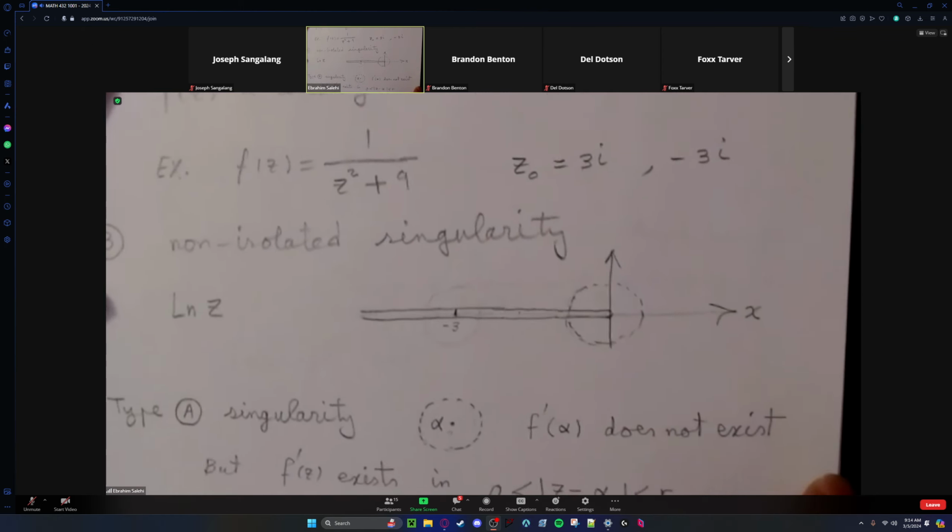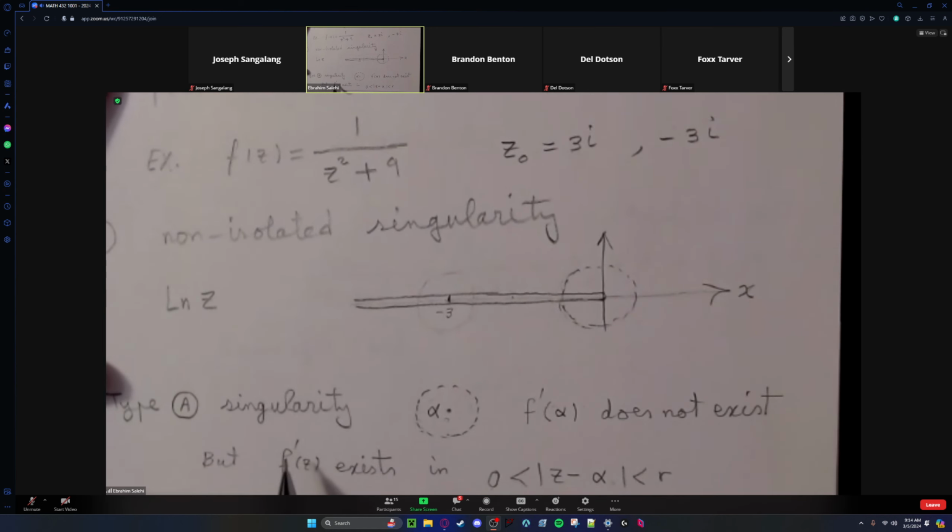And remember, for these isolated singularities alpha, f prime does not exist at alpha itself, but exists in this neighborhood, except at the point.